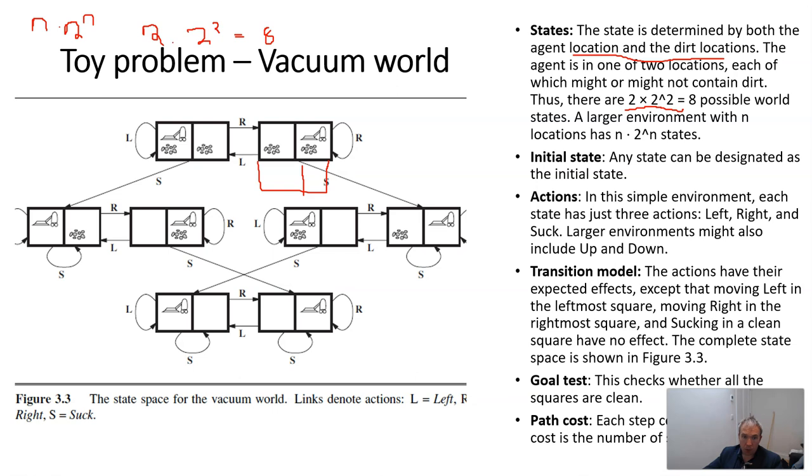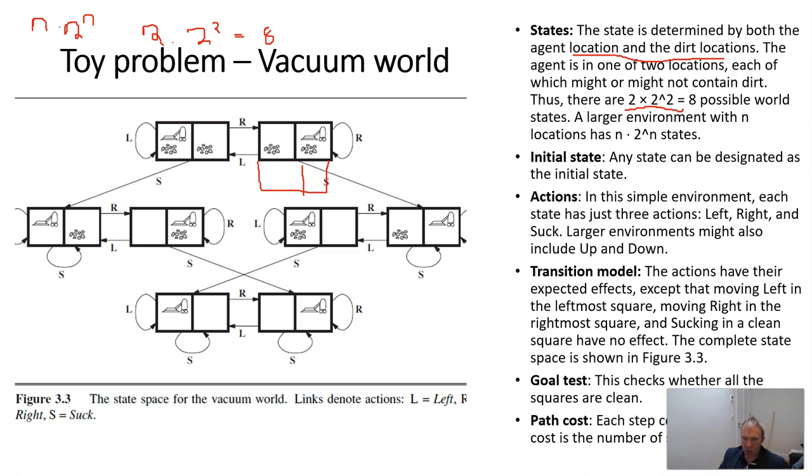states in the world. Transition model: the actions have their expected effects, except that moving left in the leftmost square, moving right in the rightmost square, and sucking in a clean square have no effect. And again, this is a process of abstraction. So in your environment, agent program, and agent, you would have to handle what happens when you say move left and you're in the leftmost tile.